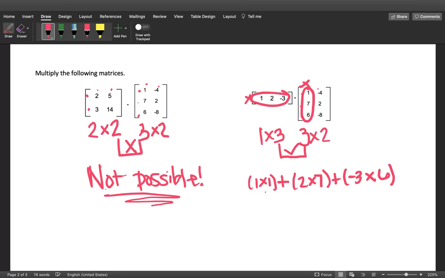Okay, so 1 times 1 gives me 1, 2 times 7 gives me 14, and negative 3 times 6 gives me a negative 18. I'm going to add all these together. So 1 plus 14 gives me 15. Minus 18 would give me a negative 3. So that is my first row, first column.